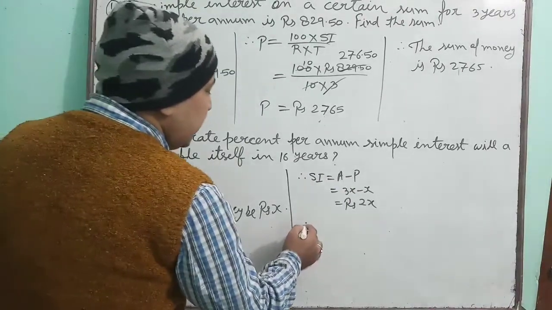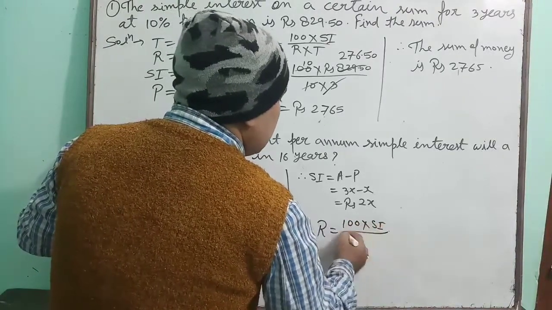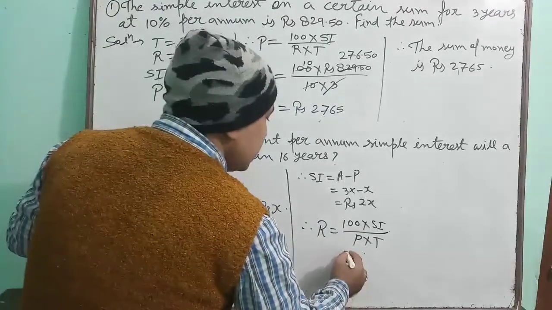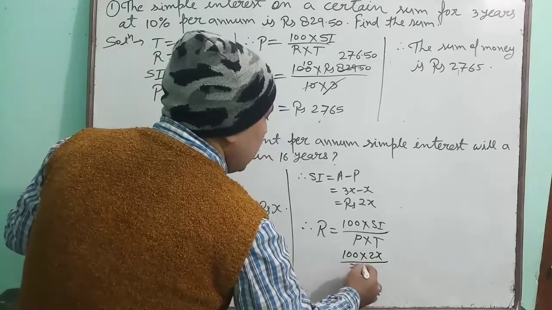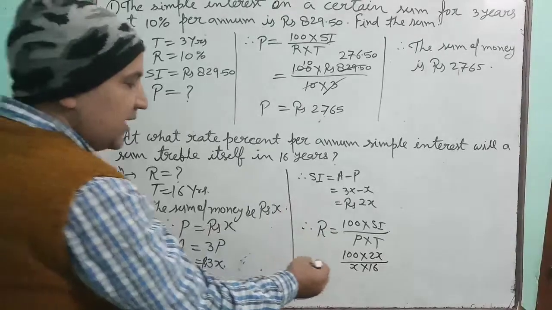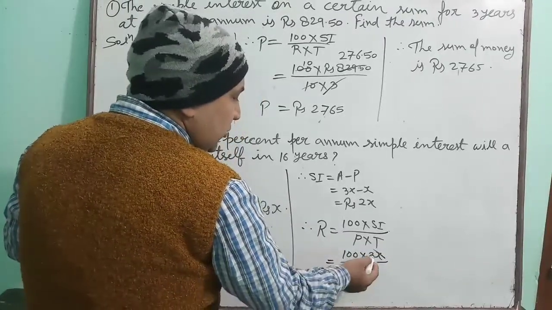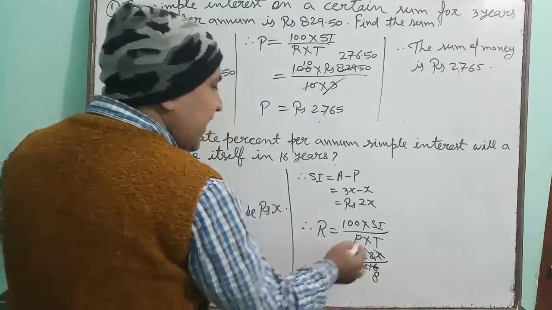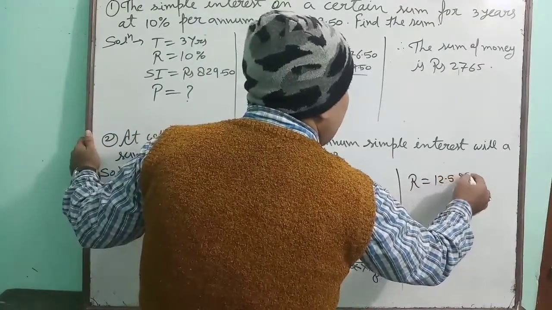Now we can find the rate also. What is the formula for rate? 100 into simple interest upon principal into time. Now put the values: 100 into 2x upon x into 16. Now you can see x and x are cancelling each other. 2 divides 16 by 8 times, and 8 divides 100 by 12.5.